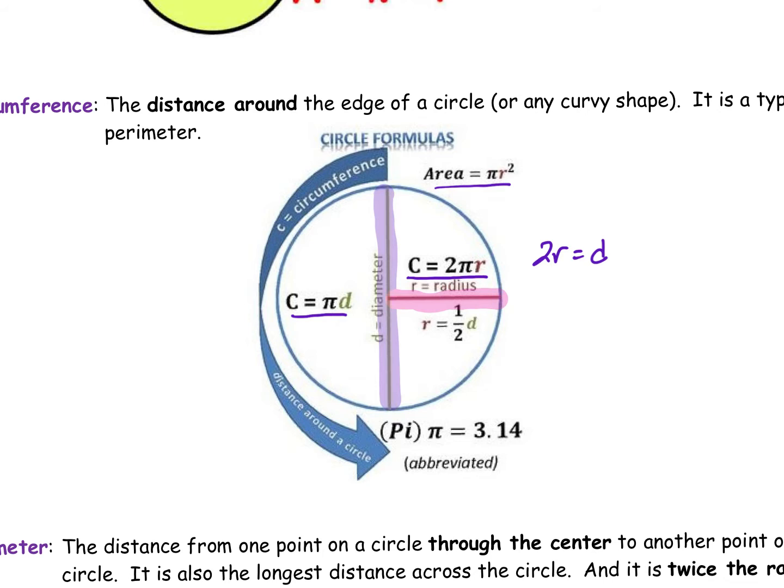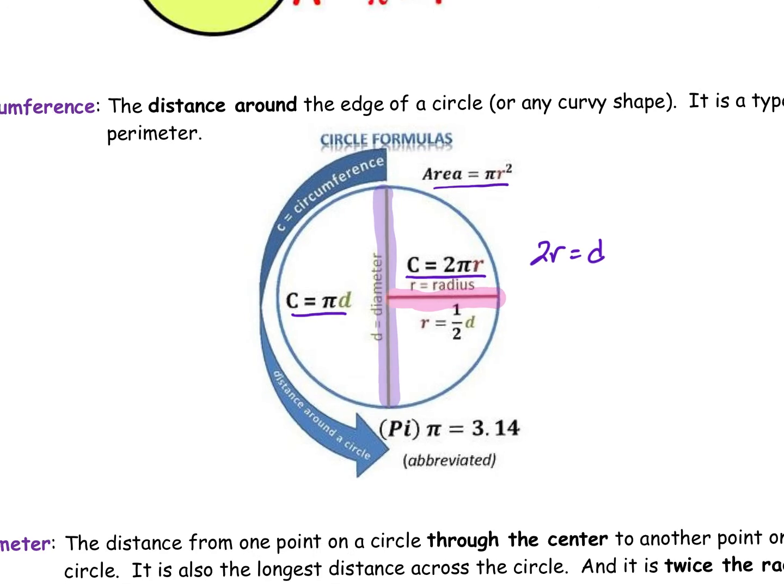Depending on what information they give me, if I'm looking for the circumference and they give me my diameter, I'm just going to take the diameter times pi. If they give me my radius, I'm going to multiply the radius times 2 times pi. Not too bad. And we have examples of both of those coming up, so don't worry about that.